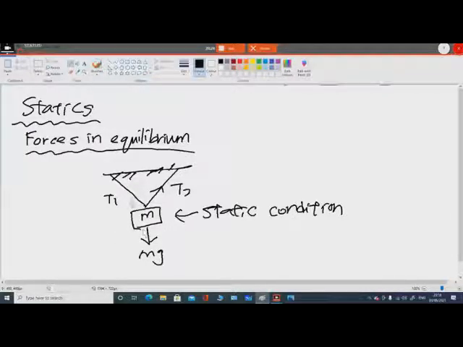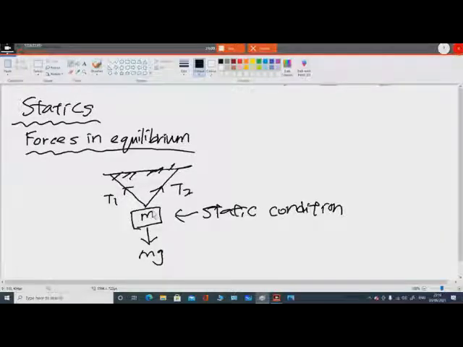We can see that tension 1, tension 2, and the weight of the object act on the object, but the object is stationary and there is no resultant force acting on it, which means T1, T2, and mg cancel each other. This gives us the static condition for the object.